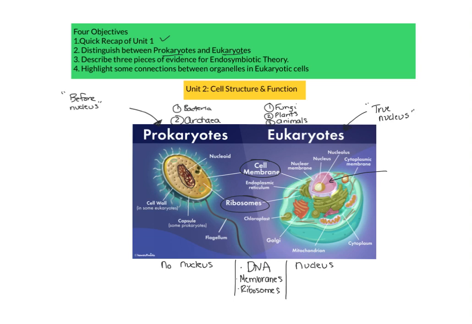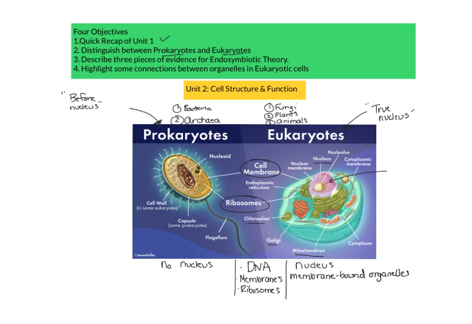The second difference is along those lines. Eukaryotes are known for their membrane-bound organelles, and all that means are structures like mitochondria and the nucleus, the Golgi apparatus, or in plant cells, chloroplasts.